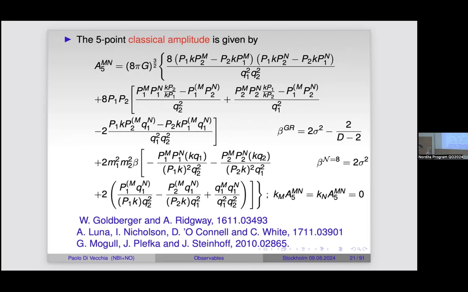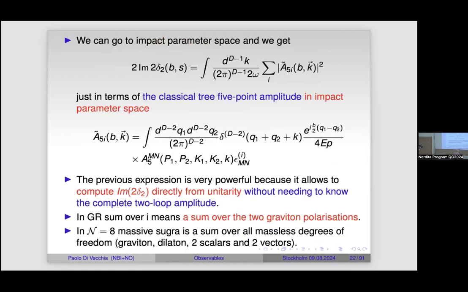In GR, you have to subtract the dilaton. So you put this amplitude in the 3-particle cut, and then you get the imaginary part of the eikonal in terms of the classical 5-point amplitude in impact parameter space. So this is the 5-point amplitude, and you go to impact parameter space.